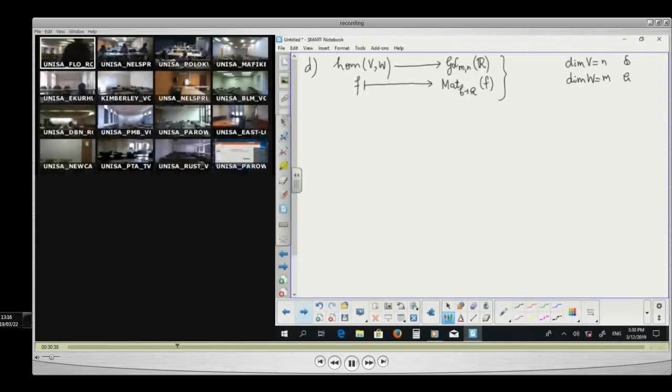It takes a homomorphism from V to W to the matrix presenting that homomorphism. Remember what it was? It's very simple. You look into the coordinates with respect to A of Fb1, up to the coordinates with respect to A of Fbn. So these are your columns, and that is that matrix. Right? Okay.